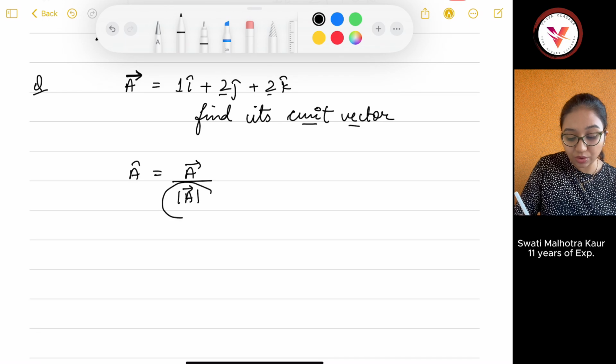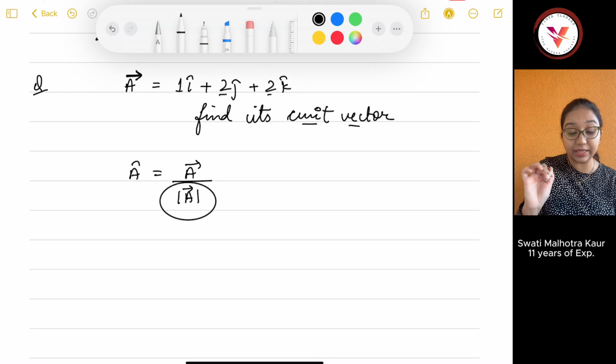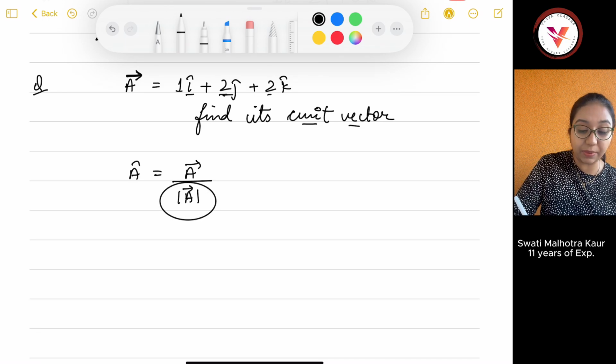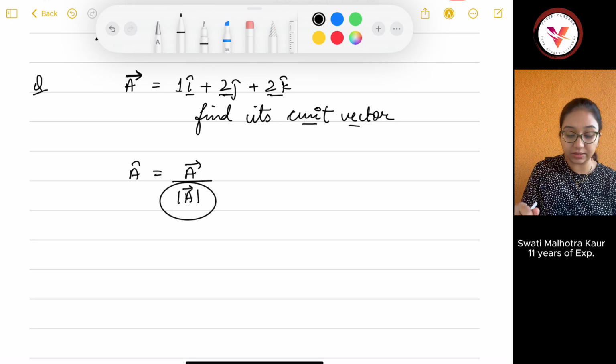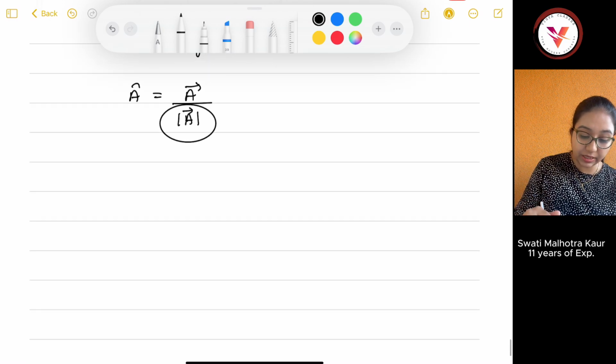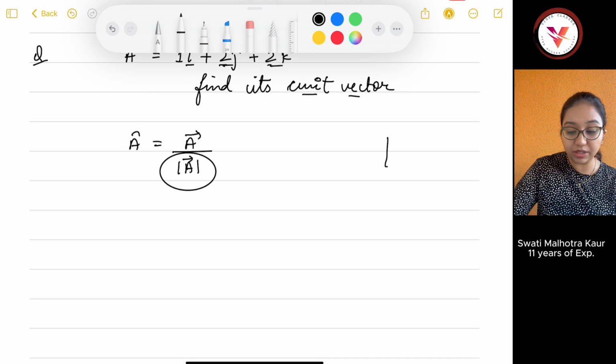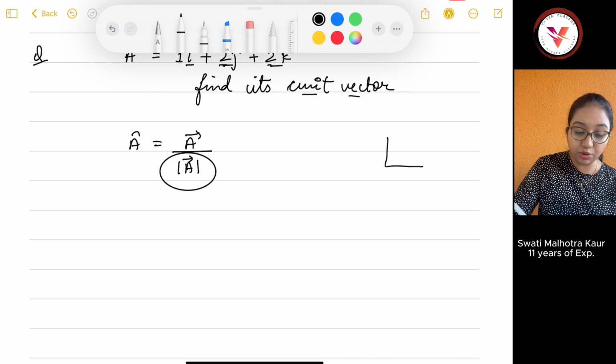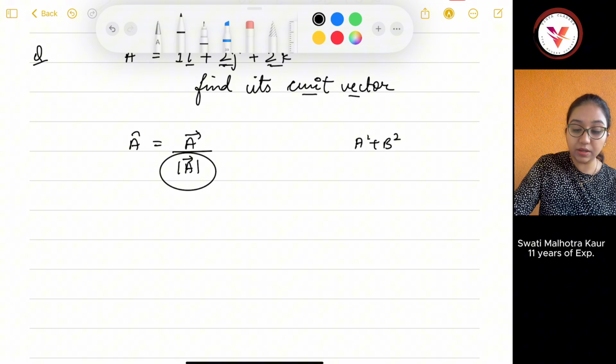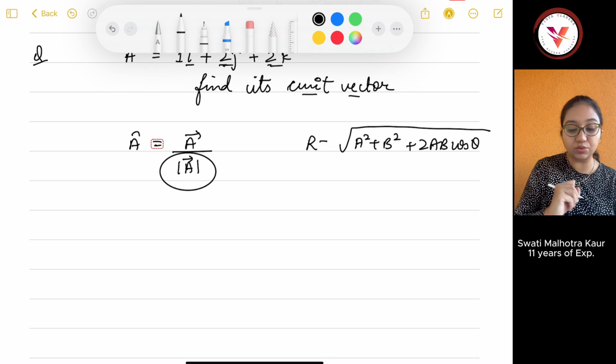So to calculate this magnitude when it is in terms of i cap, j cap, and k cap, you have to use that thing I told you for the resultant: under root a square plus b square plus 2ab cos theta.